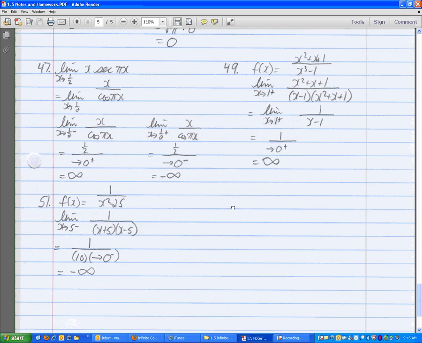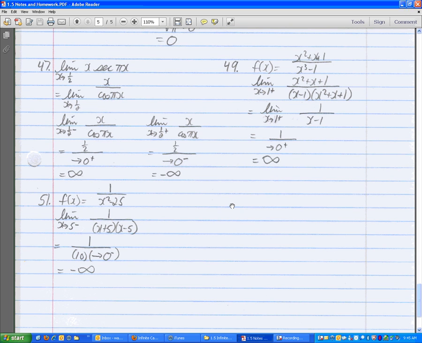All right, 47. We have the limit as x approaches 1/2 of x over the secant of pi x. Notice that pretty much anytime you have something besides sine and cosine, you try to get it in terms of sine and cosine, for no better reason other than we can work with those better, can't we?